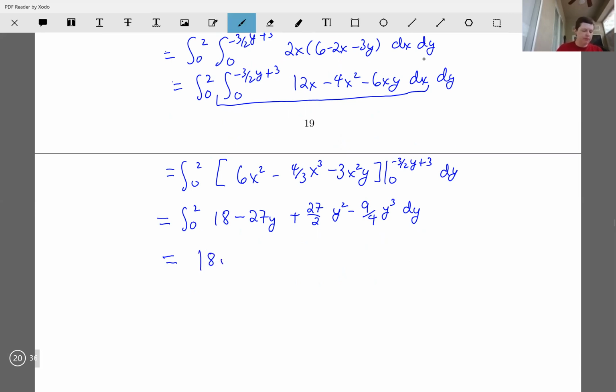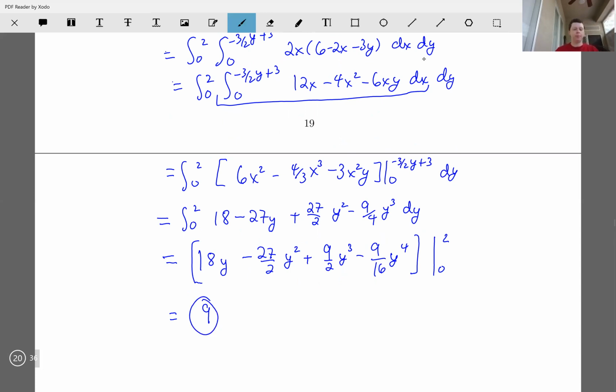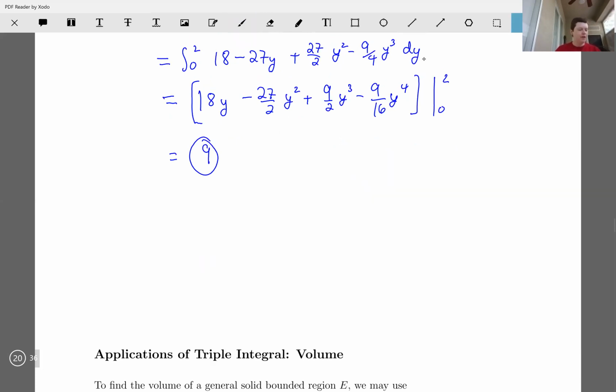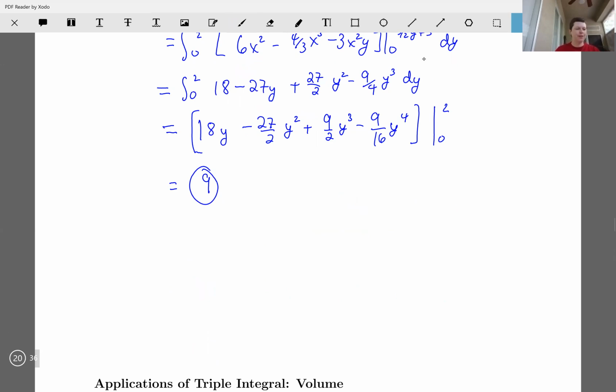So the antiderivative here is 18y minus 27 halves y squared plus 9 halves y cubed minus 9/16 y to the 4th. That whole thing evaluated at our limits, and after we do all the plug and play, we end up with 9. Phew, all that work just to get 9.